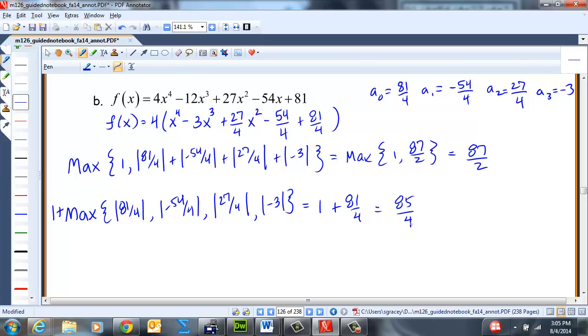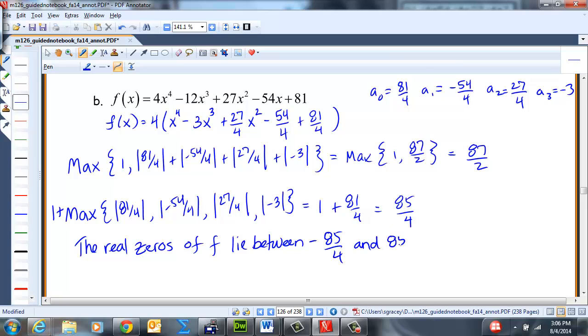So the real zeros of f lie between negative 85/4 and positive 85/4, which is roughly, what, 21 and change, right?